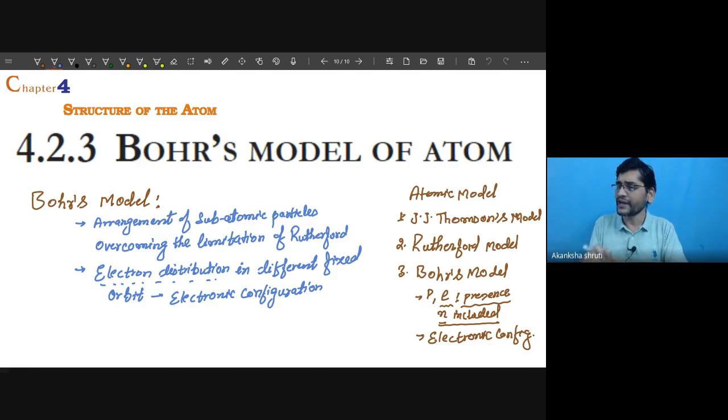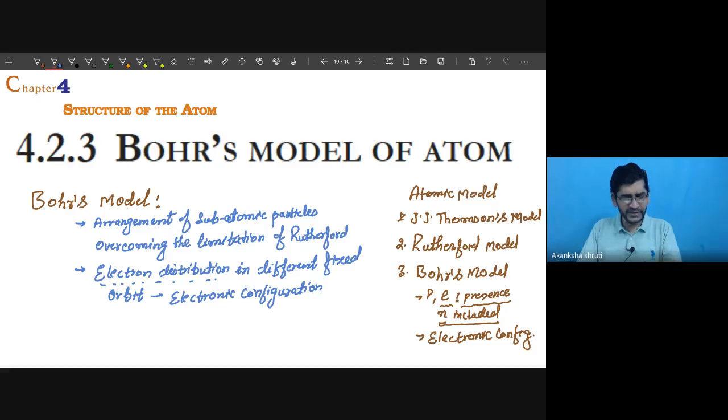This Bohr model has given the explanation that there are certain fixed paths in which electrons can move around the nucleus, not all the paths. And these fixed paths have a fixed energy where energy is not radiated or energy of electron is not lost. That's why the atom is stable. It was just an improved version of the Rutherford model.